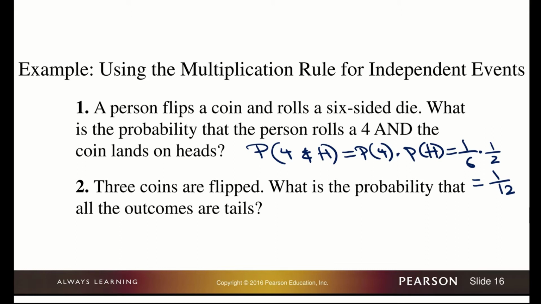You can also visualize this using the tree diagram that I showed you before. It's actually a very nice practice to do so. Here, what's the probability that the person rolls a 4? So let's go ahead and look at rolling a 4 first.